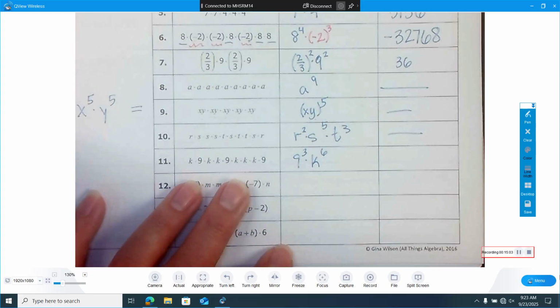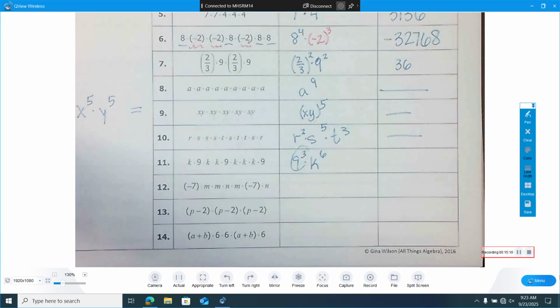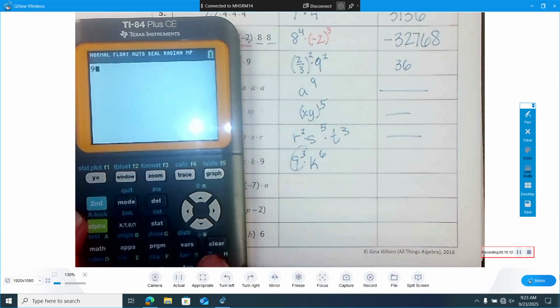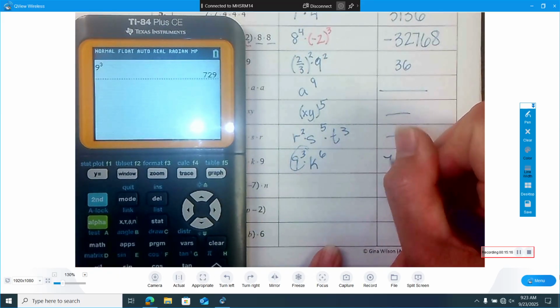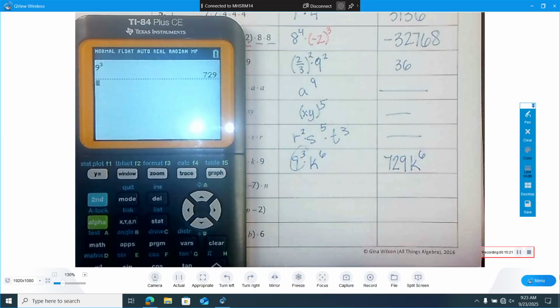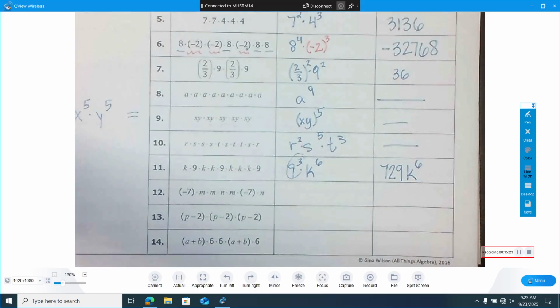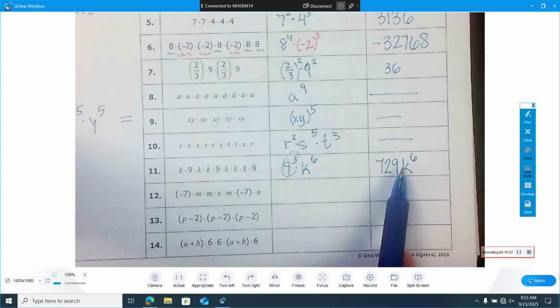We can evaluate 9 to the 3rd power, 9 times 9 times 9, which is 729 times K to the 6th. So anything that has numbers, we can evaluate. If it has letters, we just leave it.